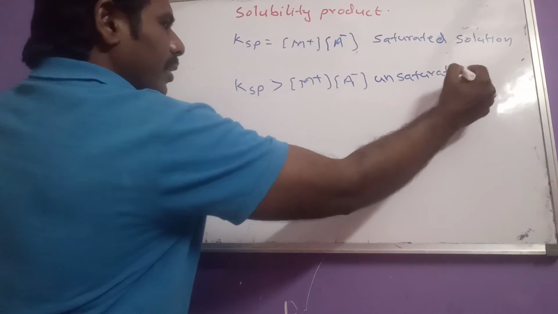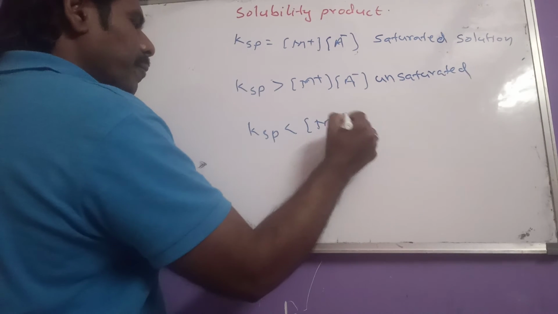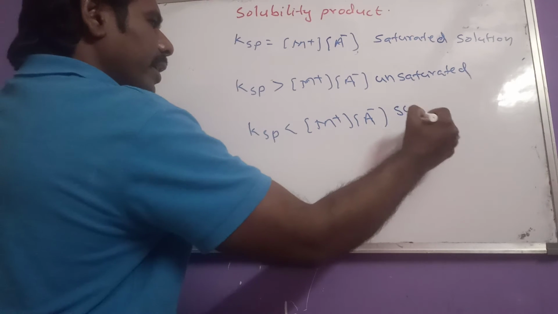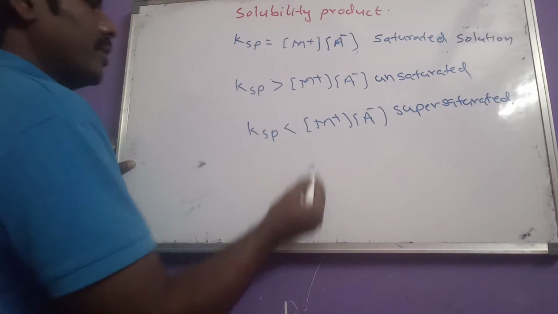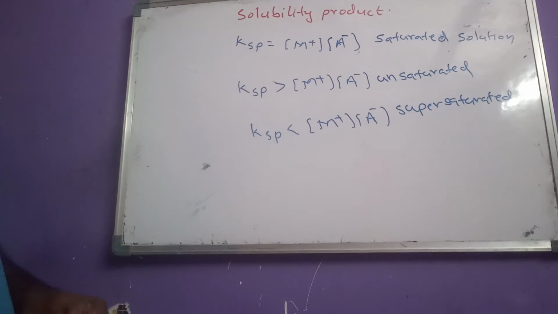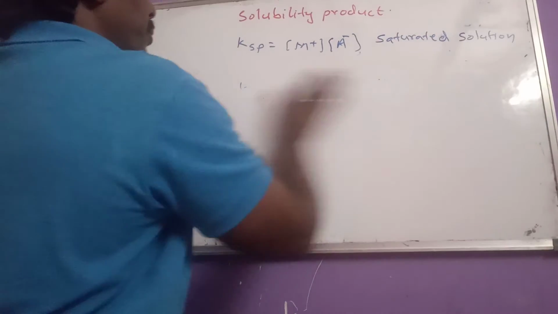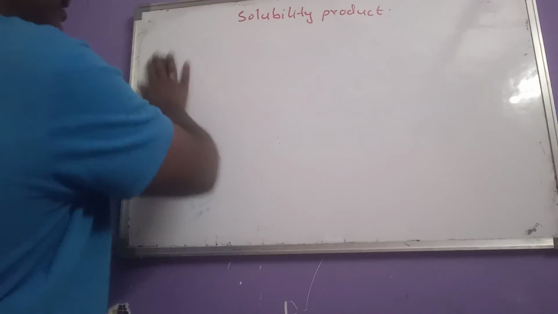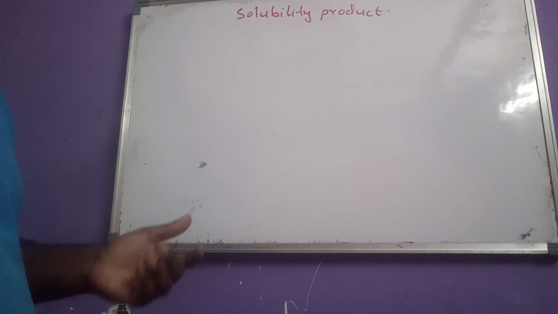And if the KSP value is less than the product of the concentration terms of cation and anion, it is said to be a supersaturated solution, because in the reverse way, the product is greater than KSP. So if KSP is equal to the product of cation and anion concentrations, that is said to be a saturated solution.